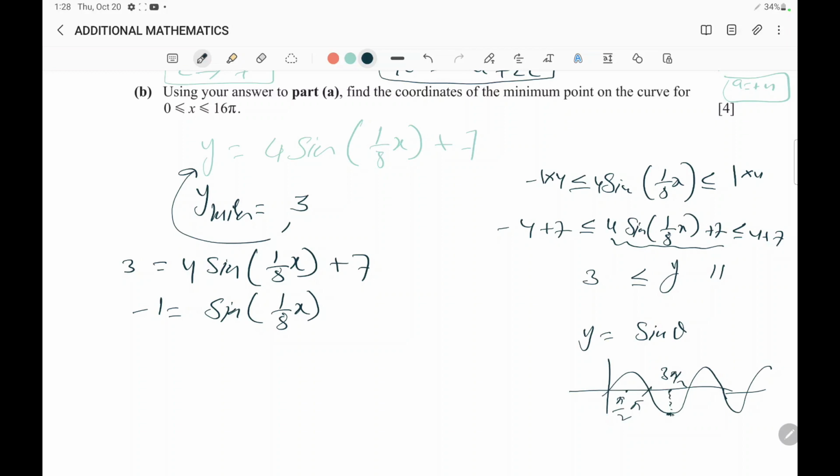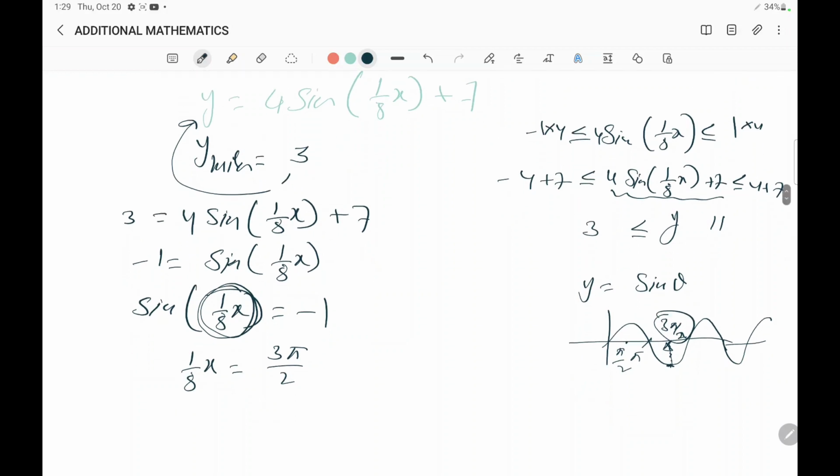So -1 you can get when x is 3 pi by 2, right? So if I write this, sine of 1 over 8x equals -1. This is like theta. So theta will be 3 pi by 2. So 1 over 8x equals 3 pi by 2, I can write.